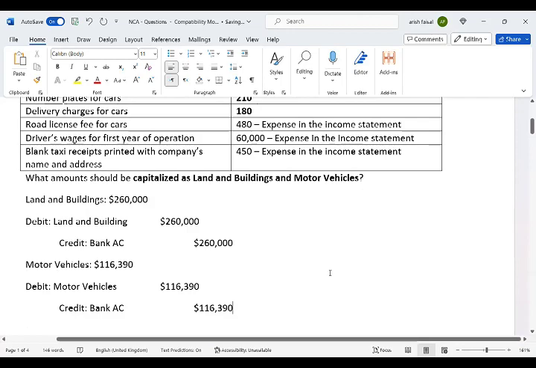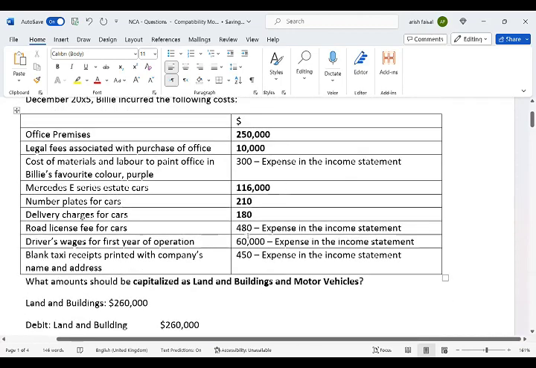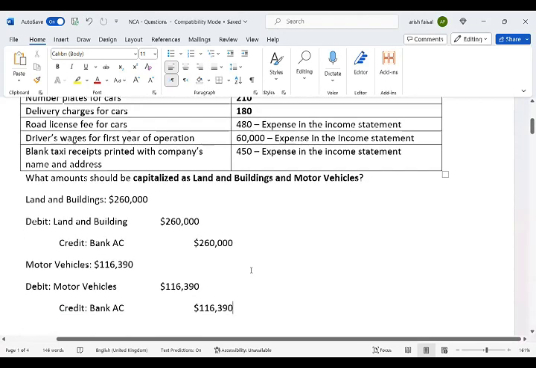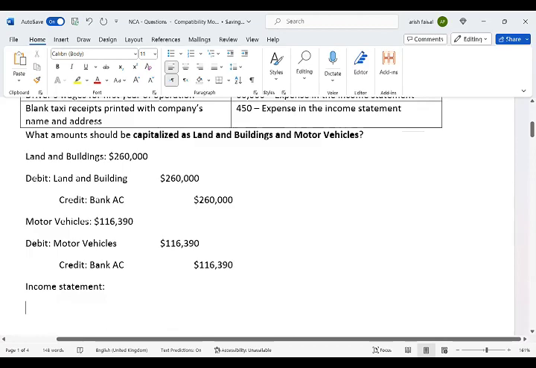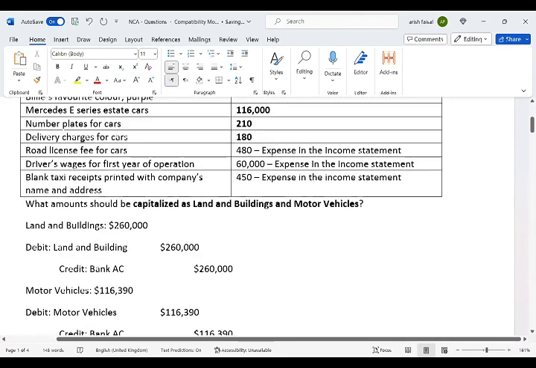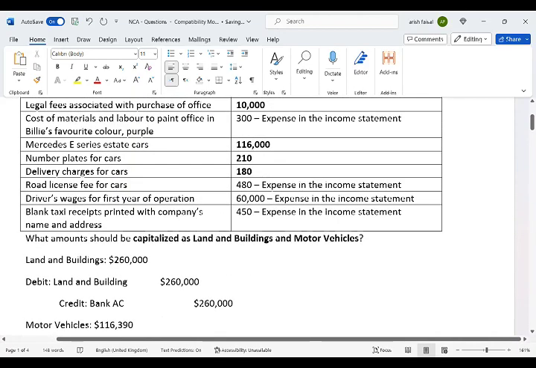But for the other amounts, what we have over here, 300, 480, that's 780, plus 450 and 60,000. All these amounts will be considered an expense in the income statement. So when you're making the income statement, you have to treat all of them as your expenses.